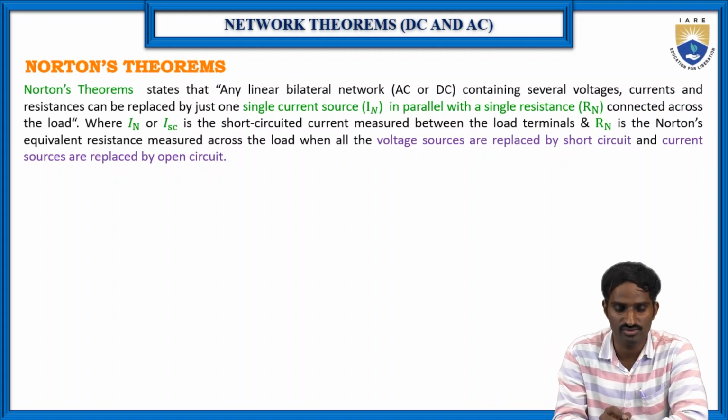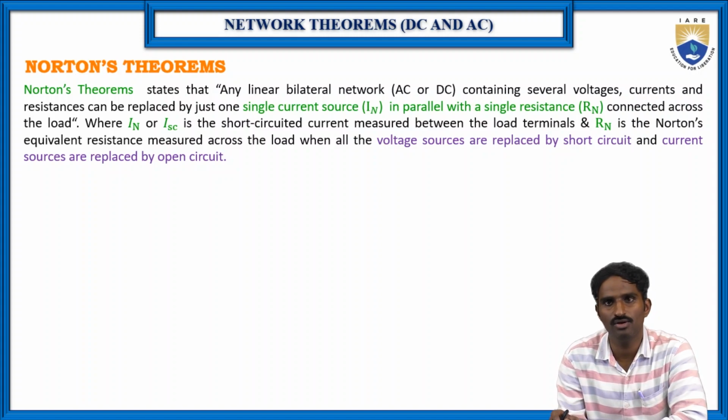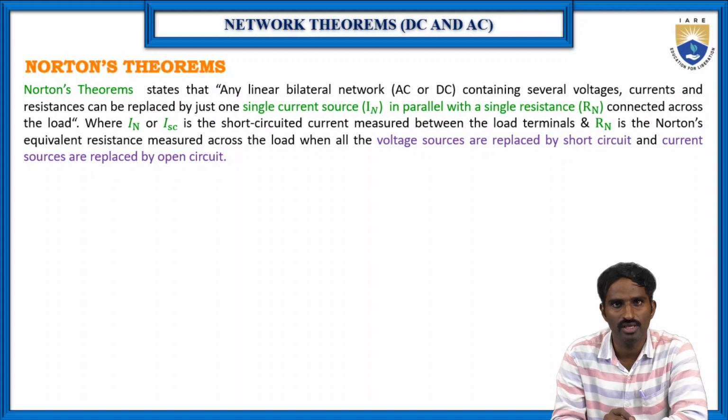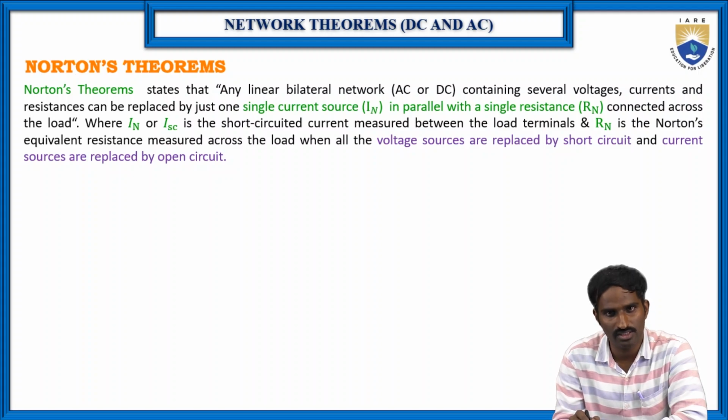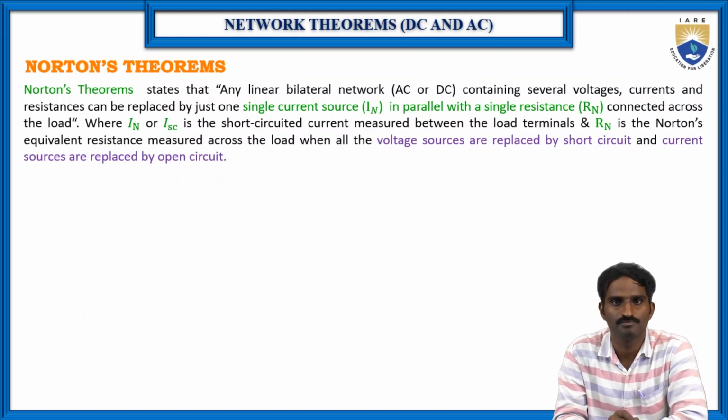That's why here is the statement, as you can see: Norton's theorem states that any linear bilateral network containing several voltage and current sources and resistances can be replaced by a single current source, which is called IN or Norton's current source, or we can also call it the short circuit current. I will let you know why we call it the short circuit current. And in parallel with a single resistance, which is called the Norton's resistance, or open circuit resistance, connected across the load.